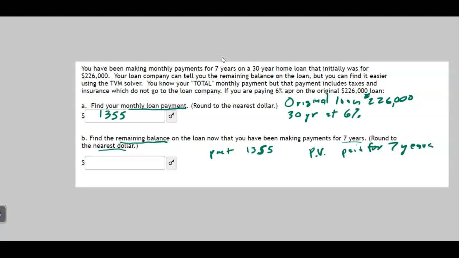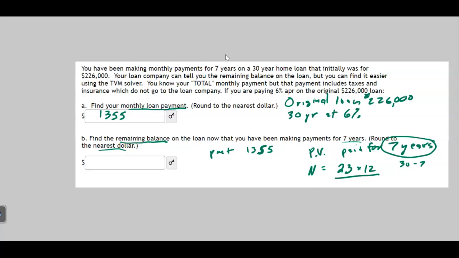And so, if you remember, N at the top of the TVM solver stands for the number of payments that we have to go. If you've paid for 7 years, you have 23 years left, and you're paying 12 times a year. So 23 times 12 is going to be the number of payments. That's the key. 23 is 30 minus 7. We paid off 7 years. So to find the remaining balance, we need to know the remaining number of payments.